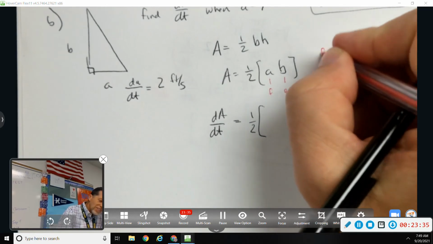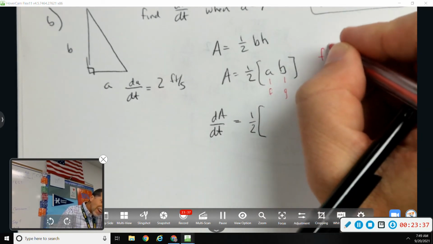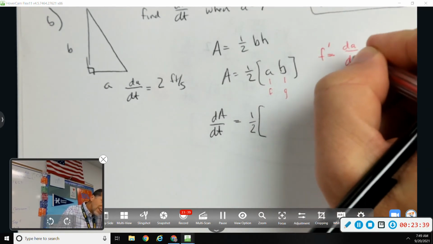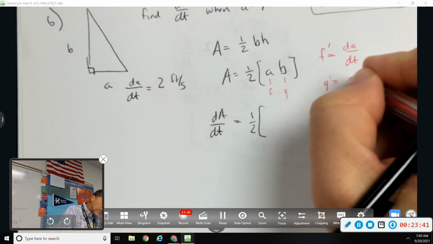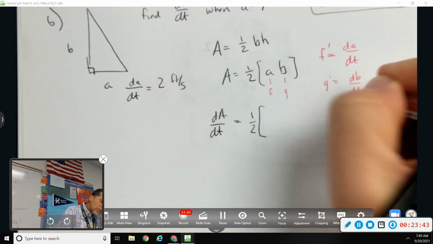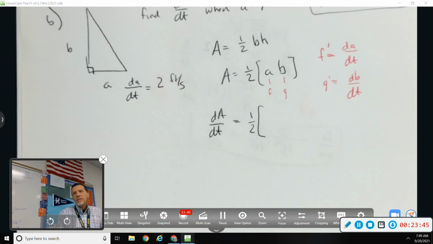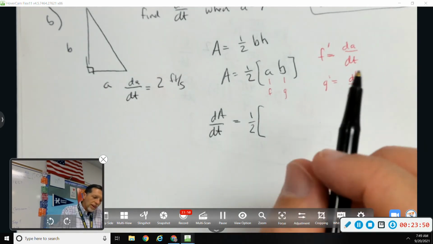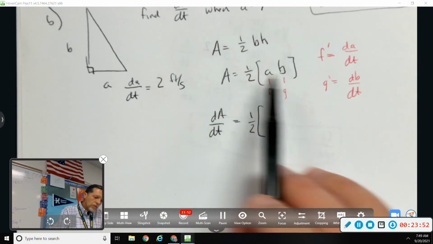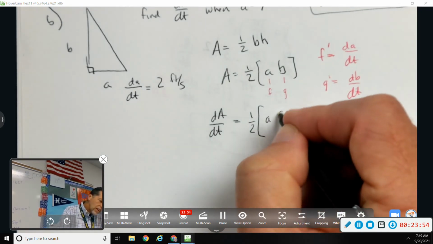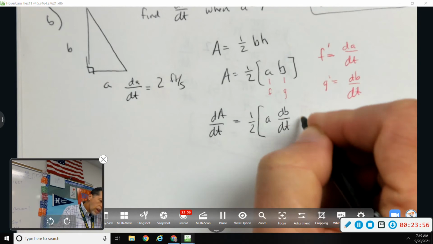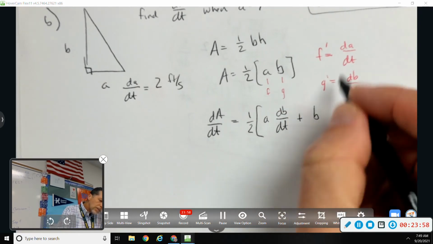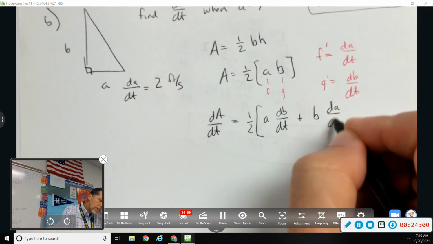Steps always, and that is completely okay. F prime is dA/dt, G prime is dB/dt, but this one wouldn't be terrible in terms of chain ruling or product rule in place. You could probably figure it out. So first one times derivative of the second one plus second one times derivative of the first one.